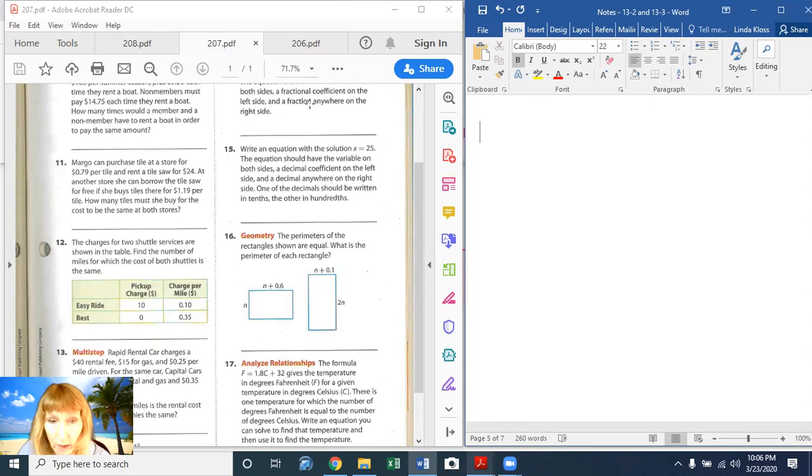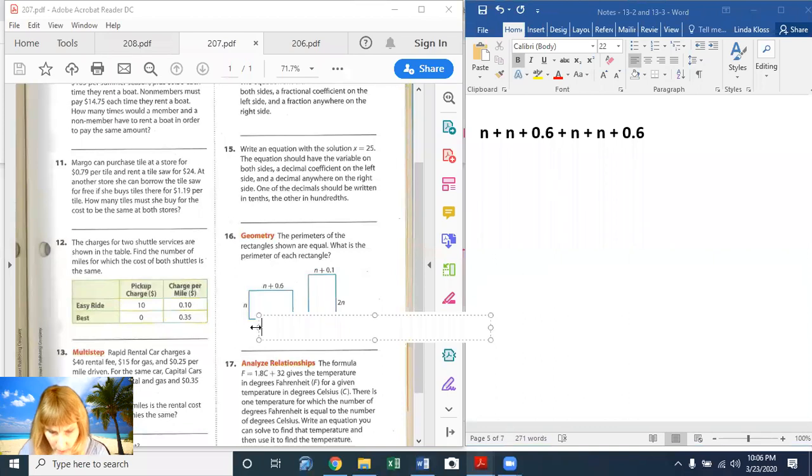Well, perimeter means you add all the sides, and you know that opposite sides are equal. So we are going to set this up, n plus 0.6 plus n plus n plus 0.6. Where on earth did I get all that? I got that because I know that this side is n plus 0.6.